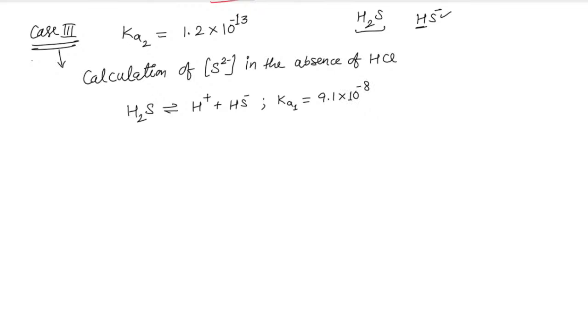Now HS negative gives H plus and S2 negative, so Ka2 is 1.2 into 10 raised to power minus 13. So what is the overall Ka?